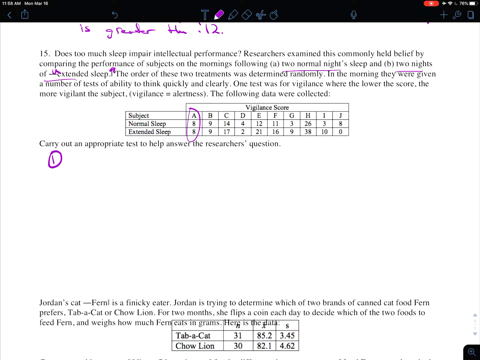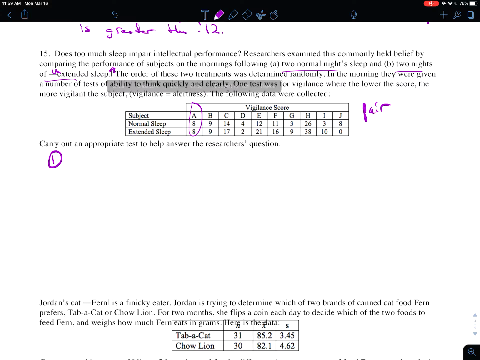So each subject's going through 2 things. Hopefully you're thinking to yourself this categorical variable of subject number and their vigilance scores. This is looking like a paired situation. And we're looking for the difference. So we'll maybe sneak those differences in there at some point.